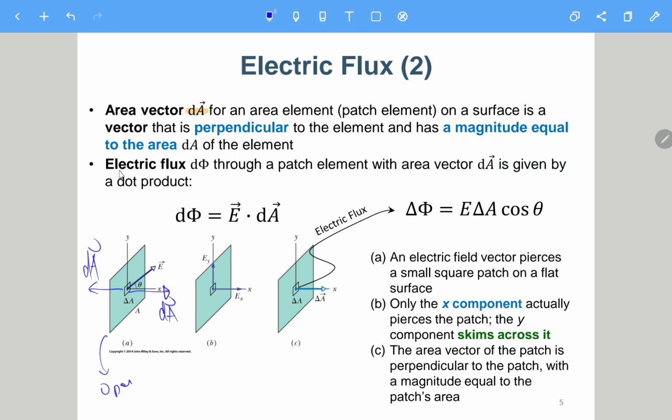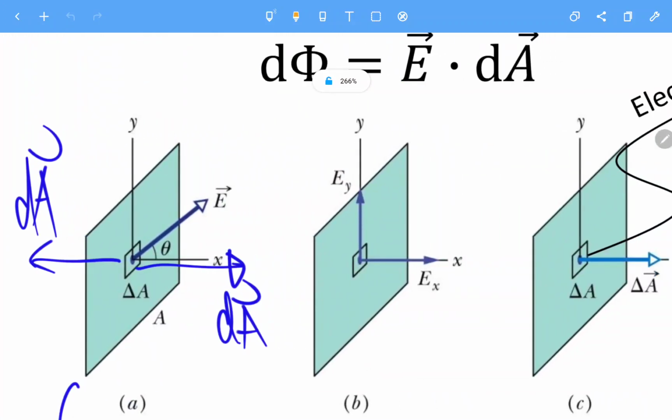So now here comes the electric flux for this small area. We denote it as d Phi, where Phi is a capital Phi. Through a patch element with area vector dA, it is given by the dot product E dot dA. For example, for this one, the E field is pointing to the top right and dA points to the right side.